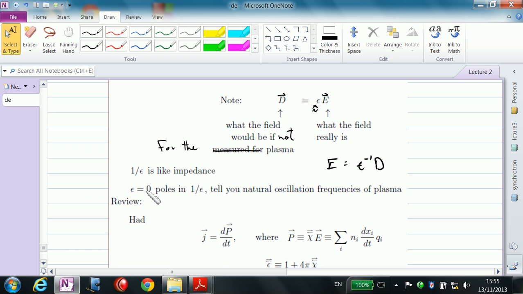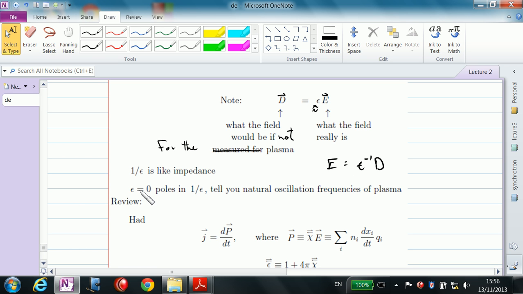So when epsilon equals 0, it's really poles in the impedance, which means that I don't have to put anything in, but I get something out. Which means for an electrostatic mode where epsilon is equal to 0, it means that the plasma is sustaining an electric field on its own, without any help from any outside sources.